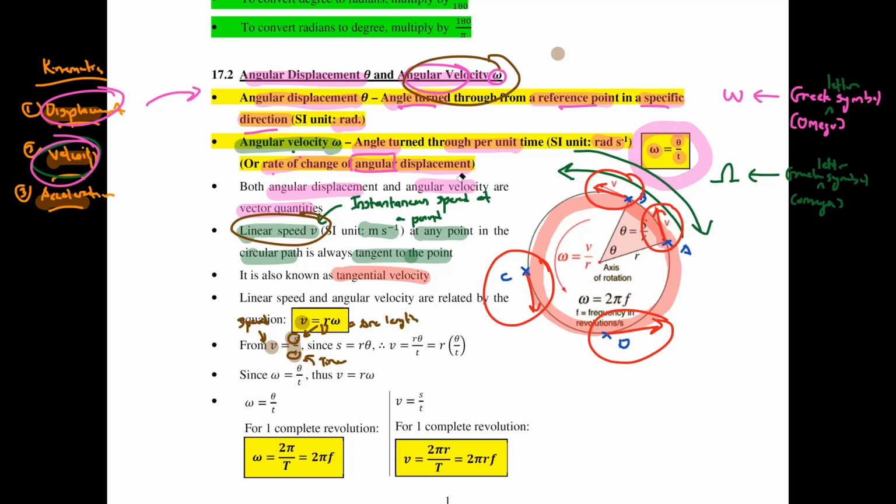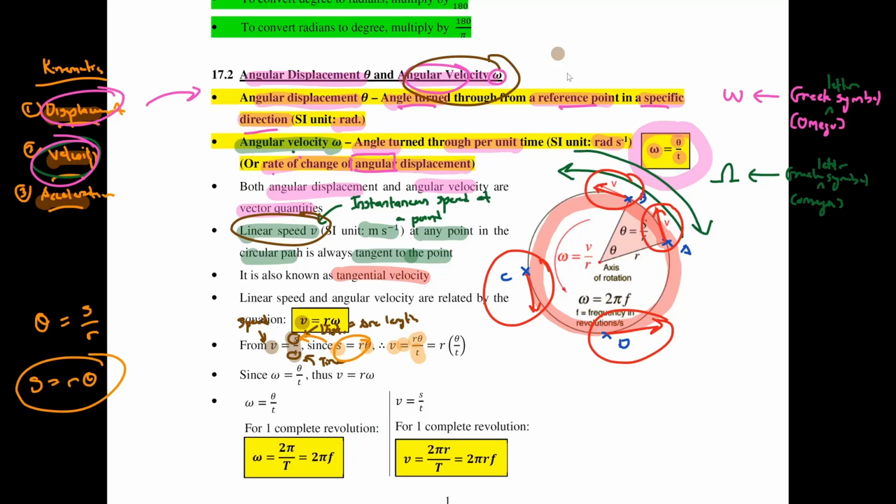Previously at the top of the page, it was mentioned that angle in radians is the arc length divided by your radius, right? So the arc length is your radius times your angle, so arc length equals r theta. If you substitute this in here, you get v equals r theta over t.